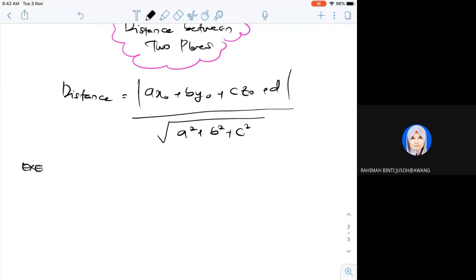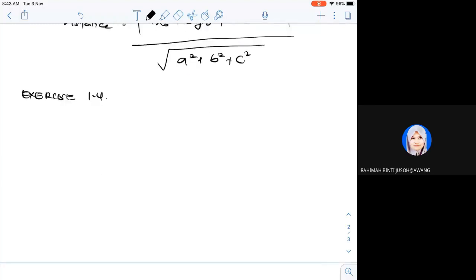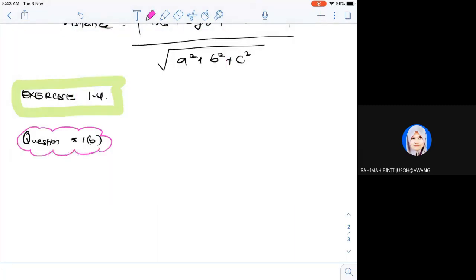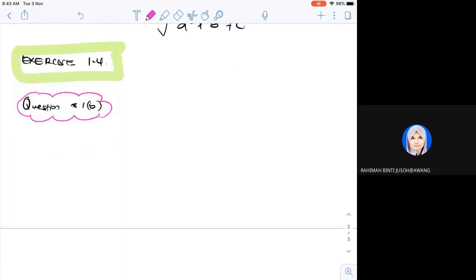Exercise 1.4, question number 1B. You are given two coordinates which are -2, 3, and -4, and you have another coordinate 2, -4, and 1.